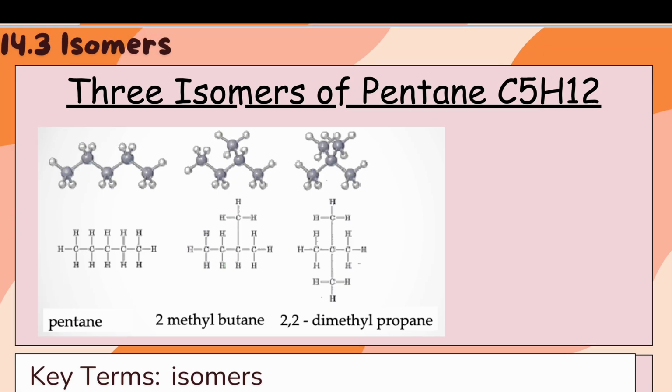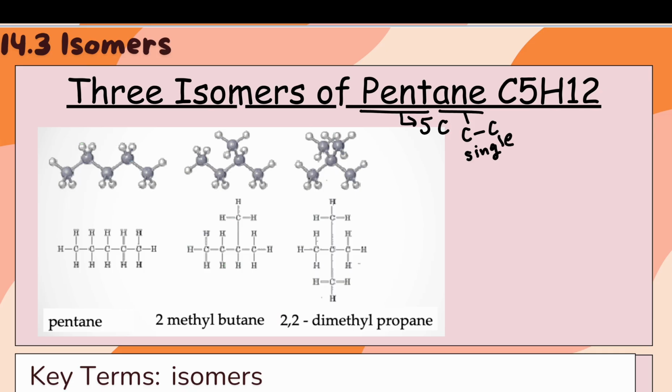Okay, so here's an example of 3 isomers of pentane, which is C5H12. Pent tells us that there are 5 carbons in that parent chain. And because it says ane, it also tells us that they are all single bonded.